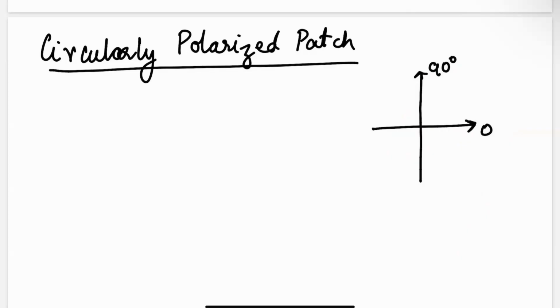So one way is you can use two ports. So I use a square patch. And I have two excitations. So one here and one here, right? And since it's the same size on both dimensions, both modes are at the same frequency.